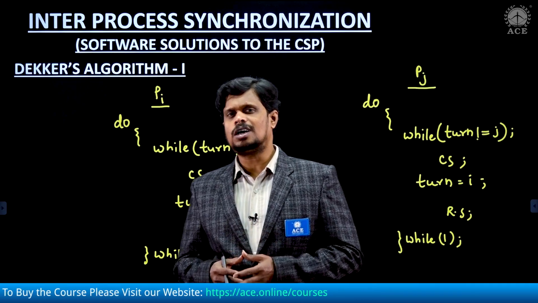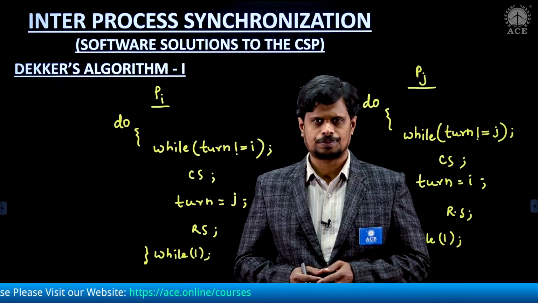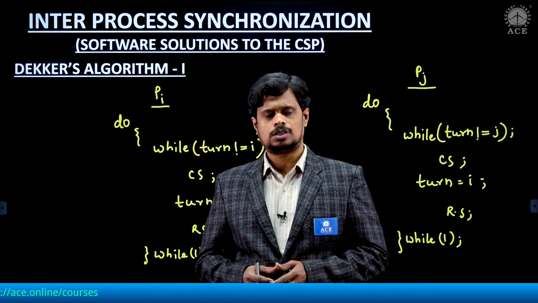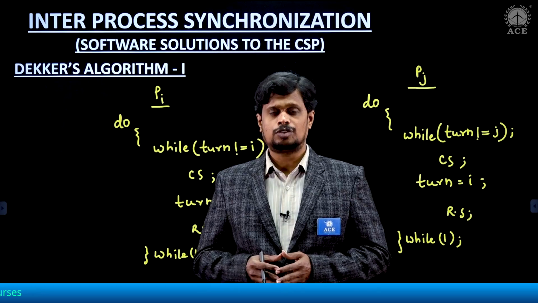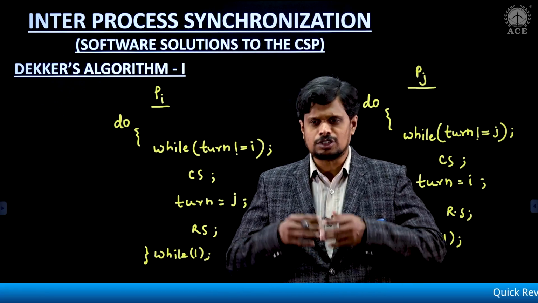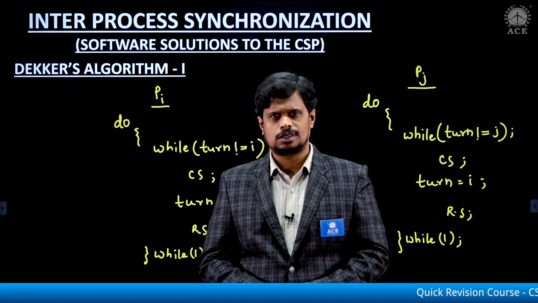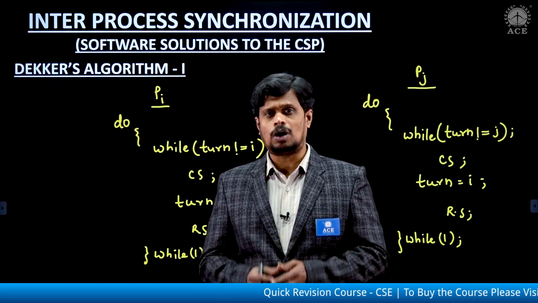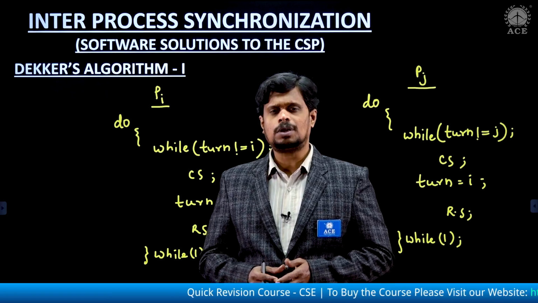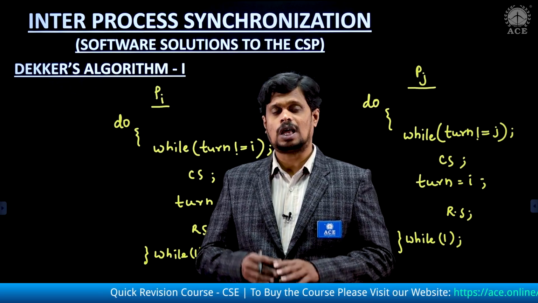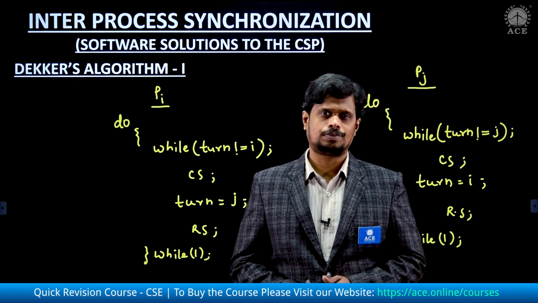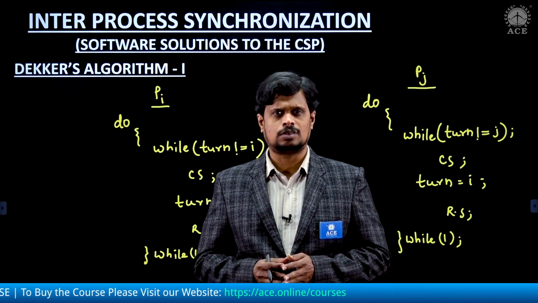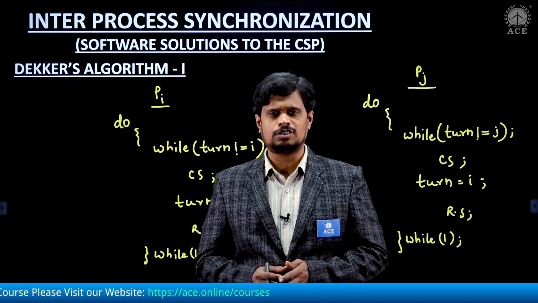Next, we have the third requirement, which is bounded waiting. When the critical section is free, if process Pj made a request to enter into the critical section, before that request is granted, there should be a bound on the number of times another process Pi can enter into the critical section. What is the definition for bounded waiting?